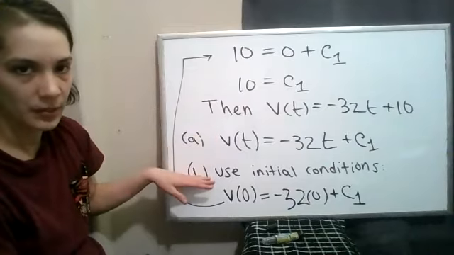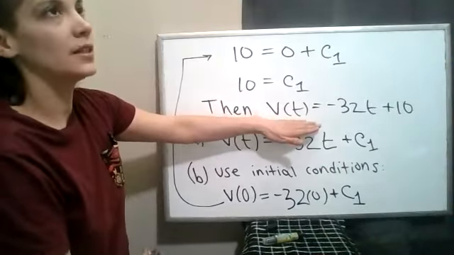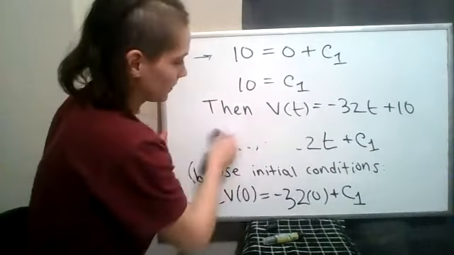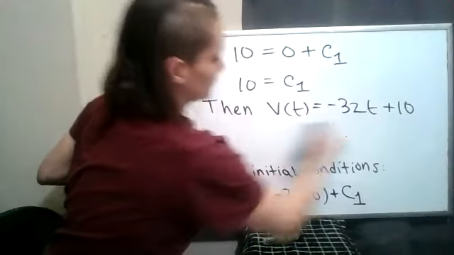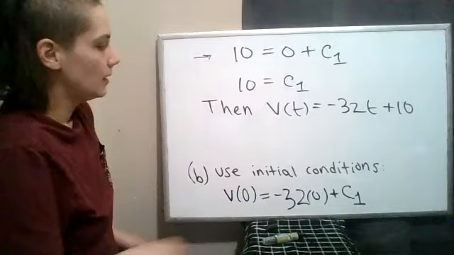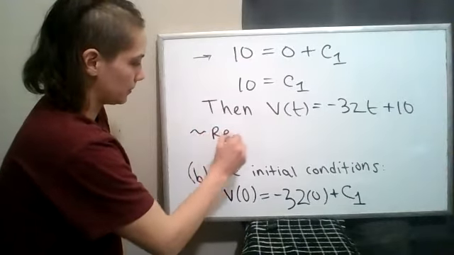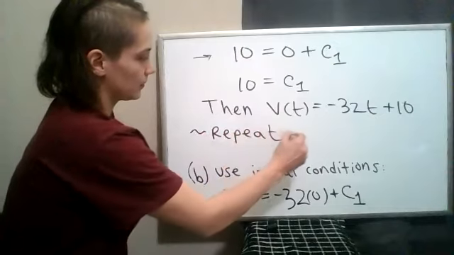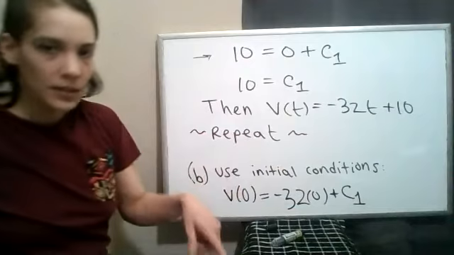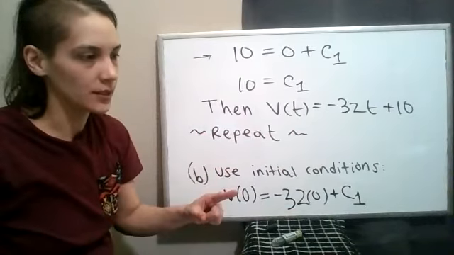So we're going to repeat these steps. We're going to get an antiderivative and use initial conditions, but this time to the function for velocity. So going from the velocity function to the position function, get an antiderivative and then use initial conditions.